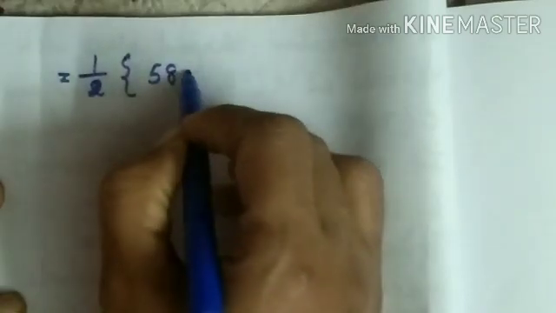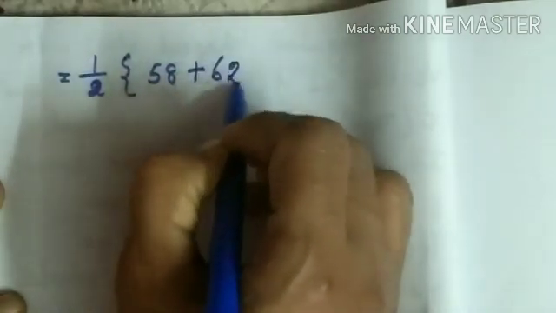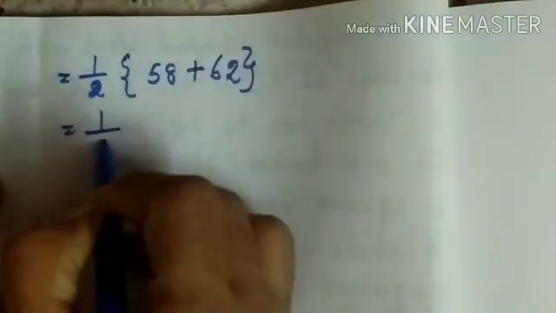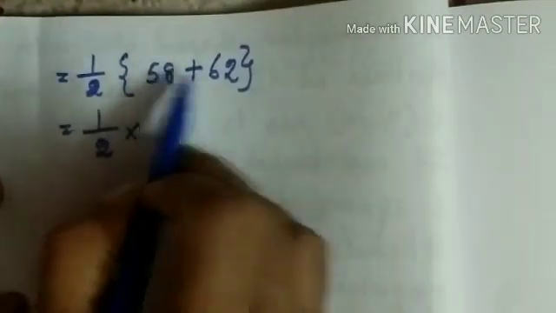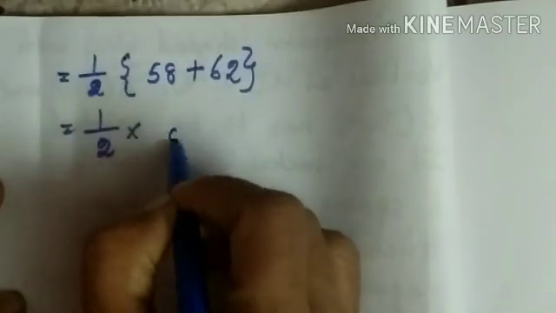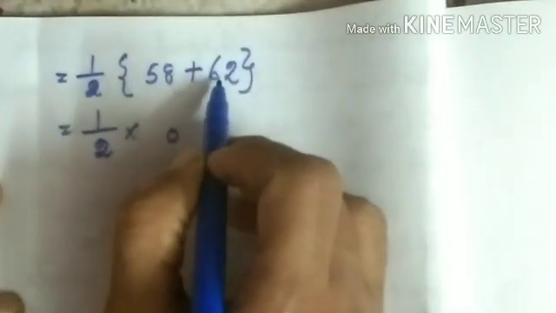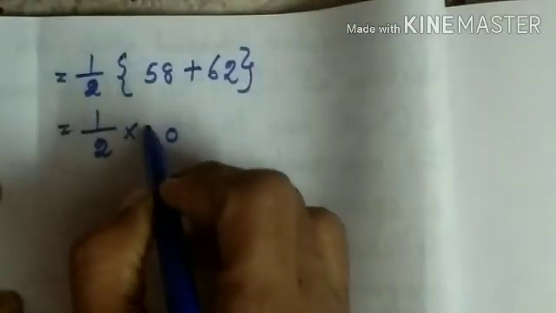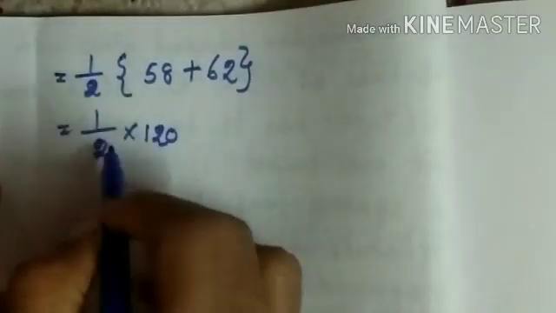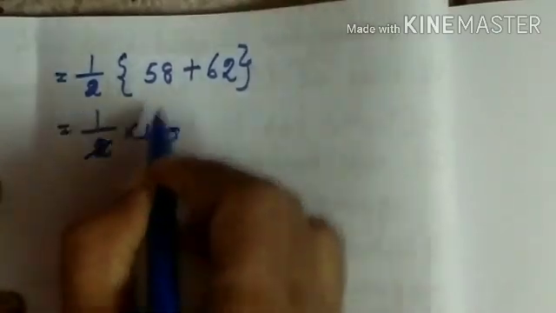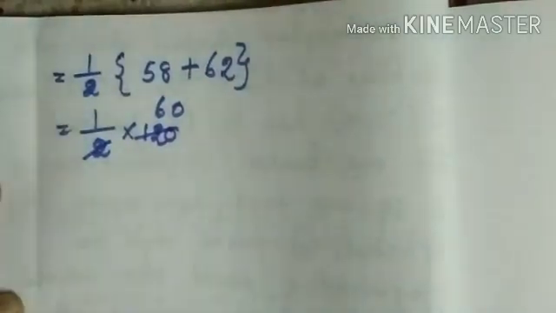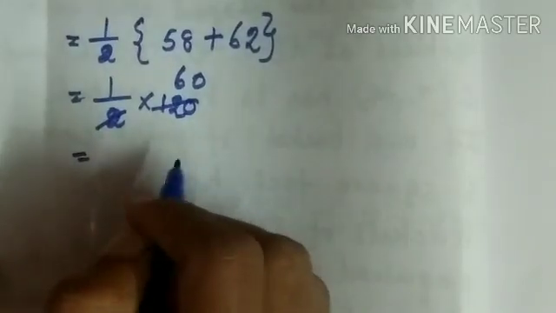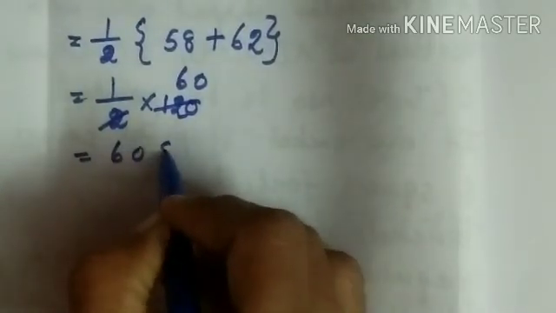Now we get half into 62 minus 4, we have 58. Then minus into minus is plus 62. Now you add this, we get 120. Now cancelling this by 2, we get 60. The area of triangle ABC is 60 square feet.